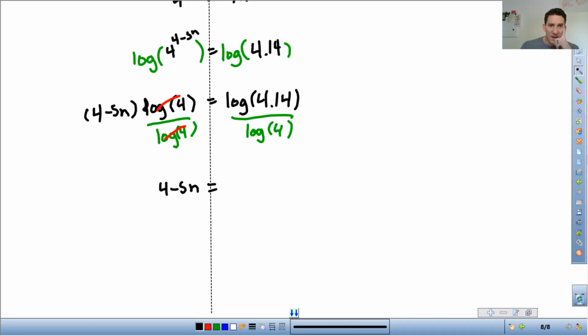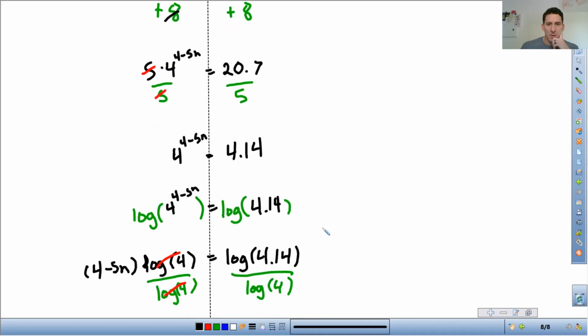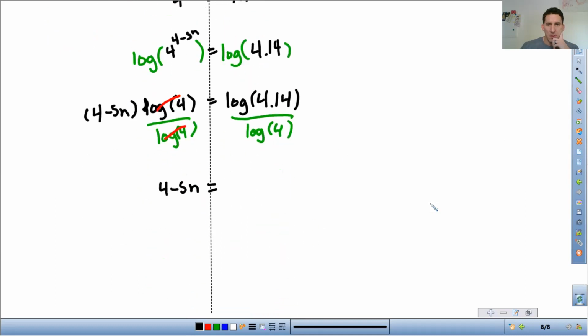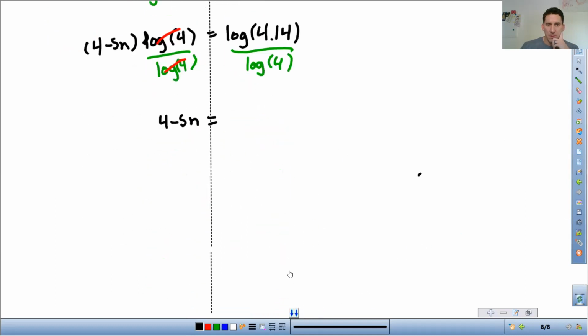So let me put that in a calculator. Log of 4.14 divided by log of 4 comes out to 1.025 rounded. So 1.025.